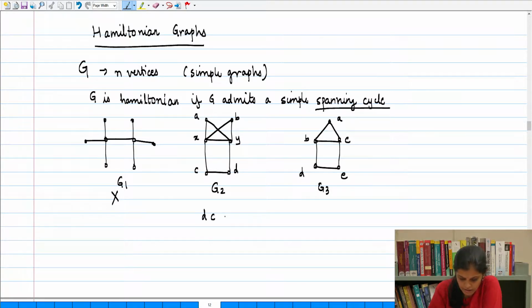D, C, X, B, Y, A. This is not a Hamiltonian cycle, right? Okay, so if you wanted to argue that this graph does not have a Hamiltonian cycle, what could you possibly do?